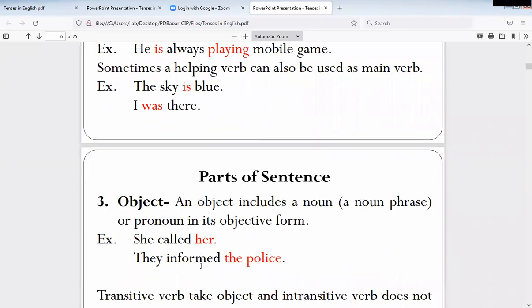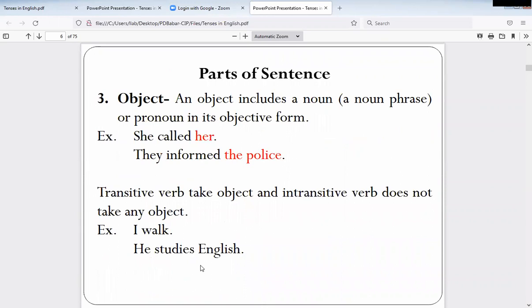Then the third part of a sentence is the object. Okay, so the third part of a sentence is object.